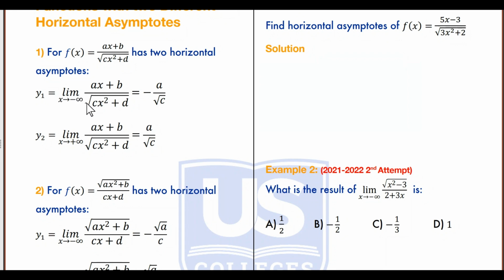If we approach the limit from negative infinity, then there is a negative in front. If it is from positive infinity, there is a positive in front. It doesn't matter where the radical is, it's always the ratio of the coefficients.